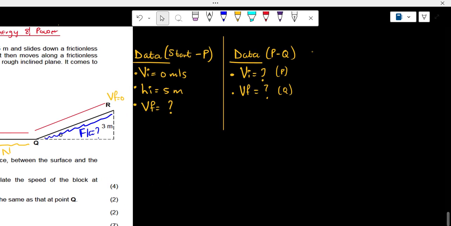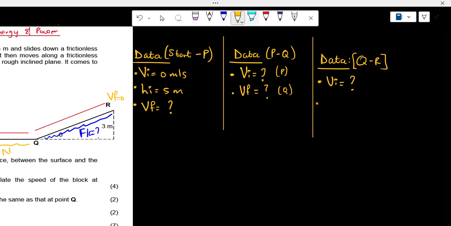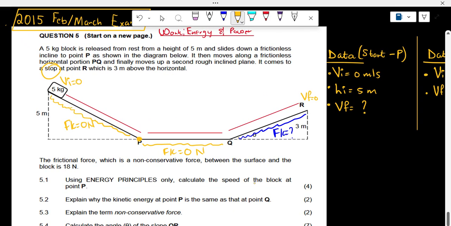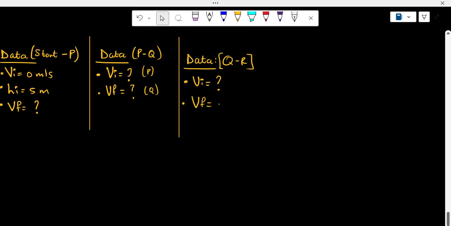Then we take data for the last part, which is from Q to R. From Q to R, we don't know the initial velocity. But we do know that at R, which is the final velocity, they said to us it comes to a stop. So the final velocity is 0 meters per second.